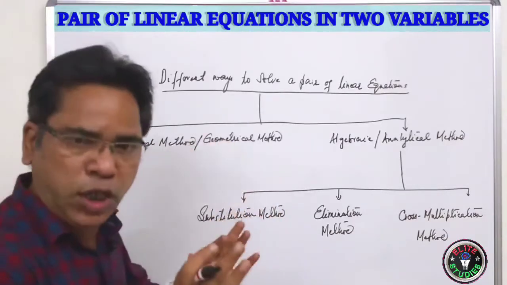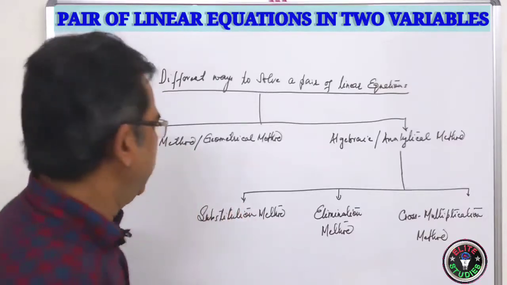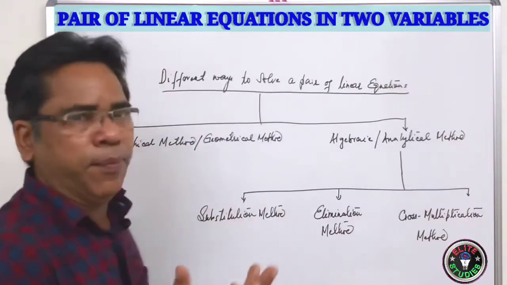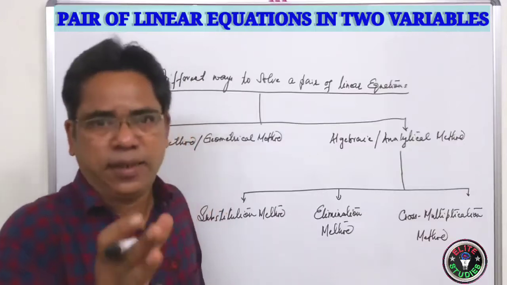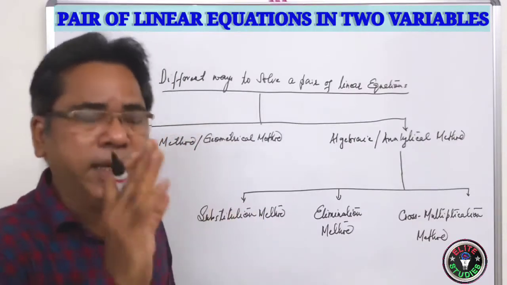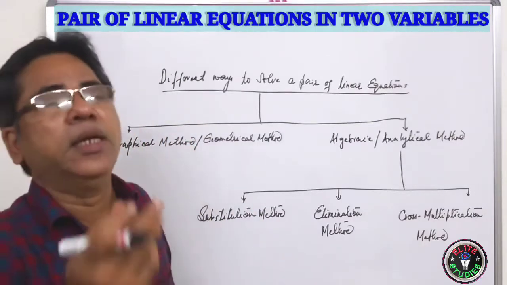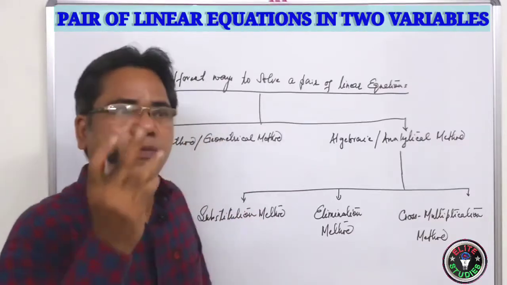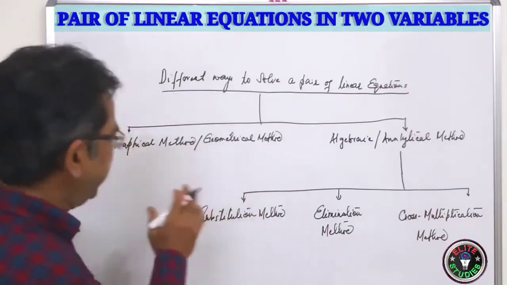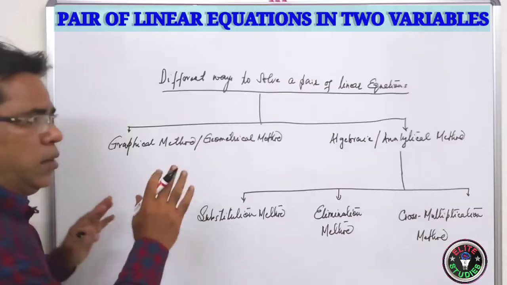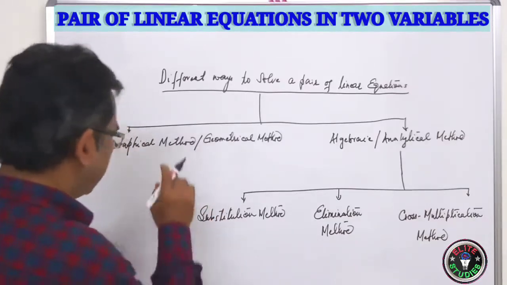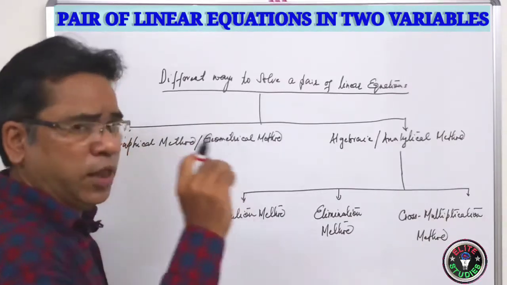If the solution of a given pair of linear equations comes out to be whole numbers, say 2, 3, or integers, precisely speaking -2, -3, or +5, +7, +10, in that case it is very easy to see the values on the graph paper.